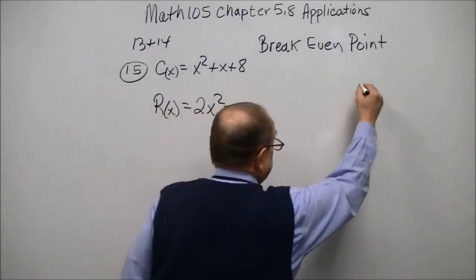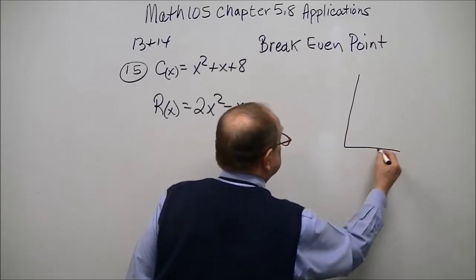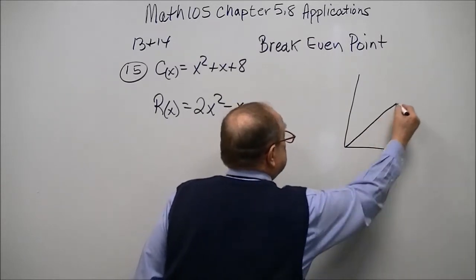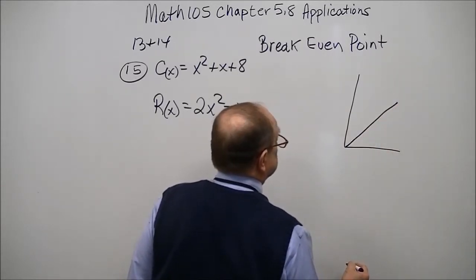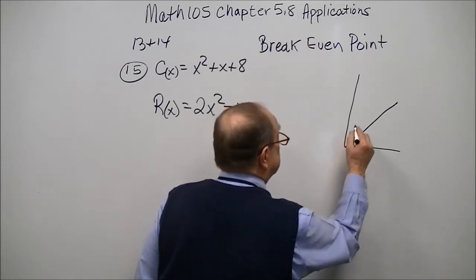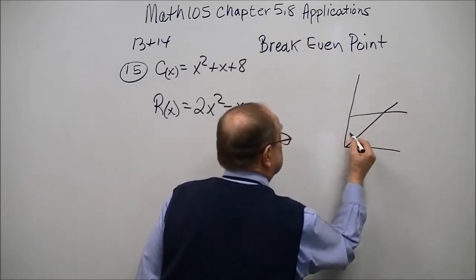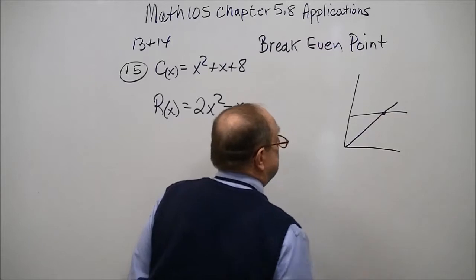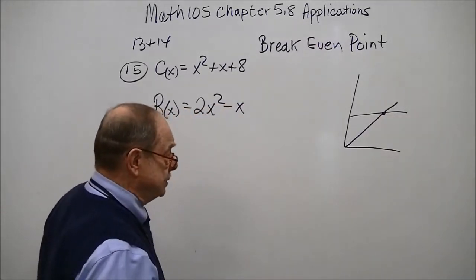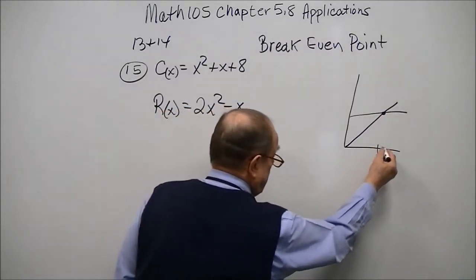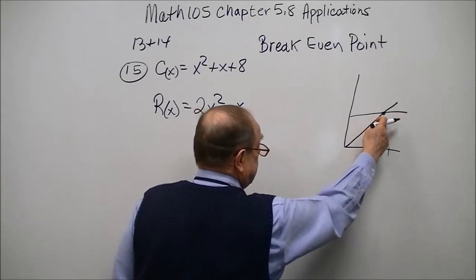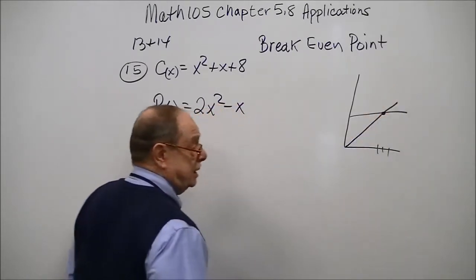So if you had a graph of this, you'd say, well, there's your revenue, and there's your cost, and they're going to meet at some point. If you sell more items, then you are in the profit area.